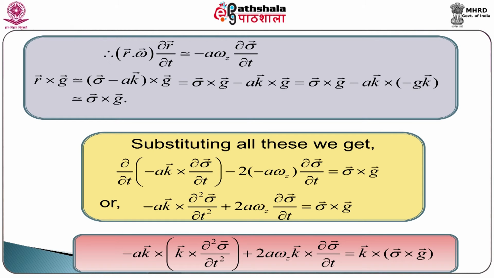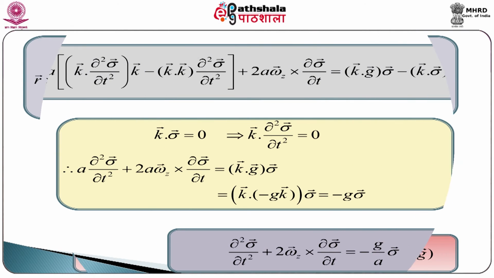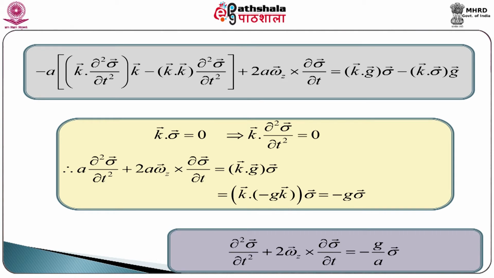Let us take the cross product with k vector. Taking cross product with k vector, we get the final line. Using the property of vector cross product, we can write the first term in this way.